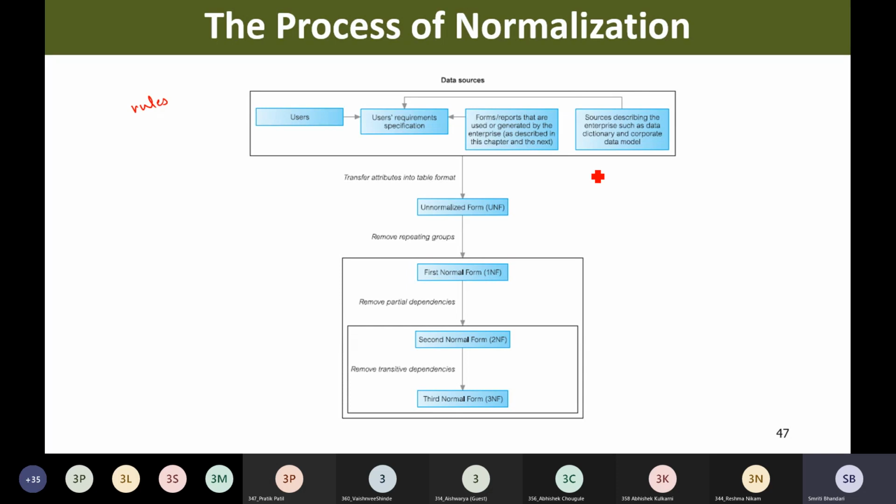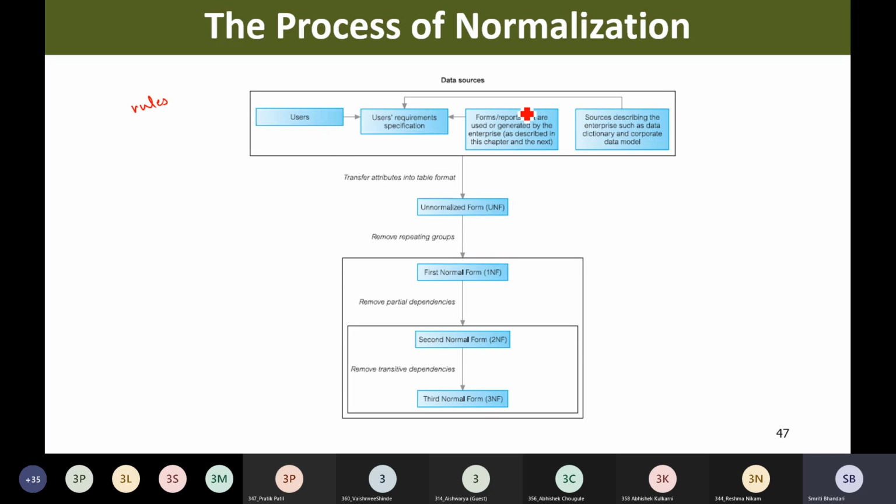So if you look at this block diagram, what we have is, see, initially we are having various data sources. So we gather the information of the enterprise by making use of various means. So we are having the users of the system. So these users will provide us some insight about the data that they are using.